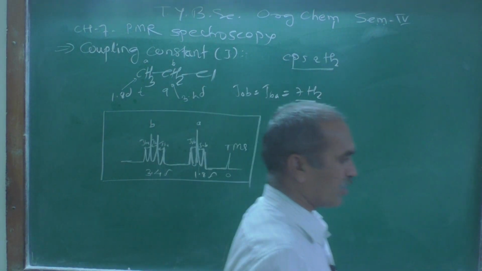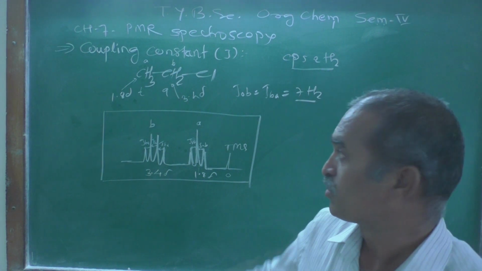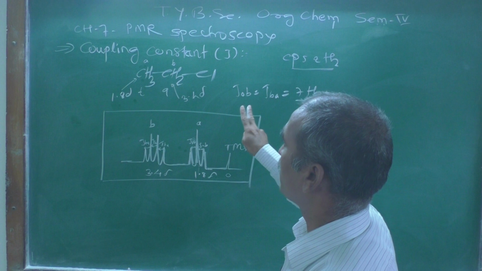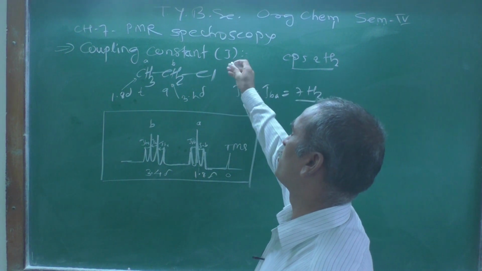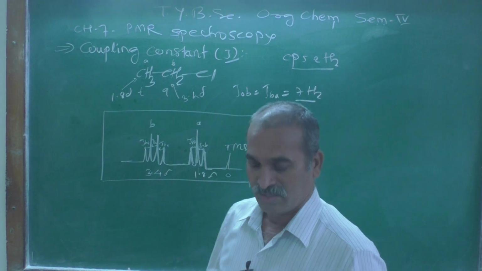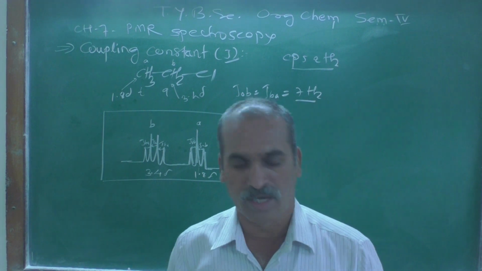Generally, mutually coupled protons have the same coupling constant. So this is the representation of the coupling constant, denoted by J, because the 7 Hertz clearly indicates that there may be a vicinal coupling.